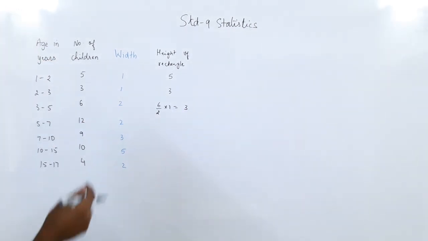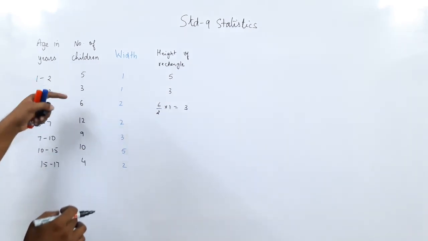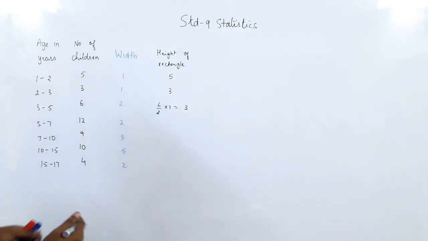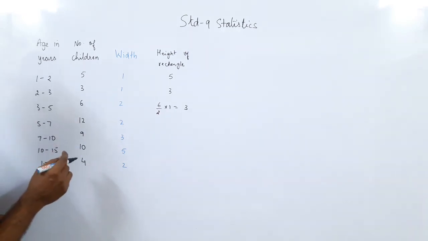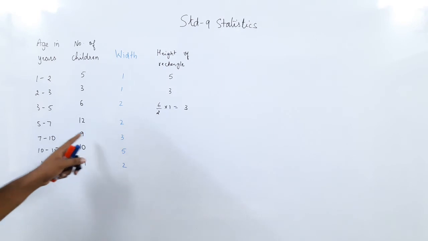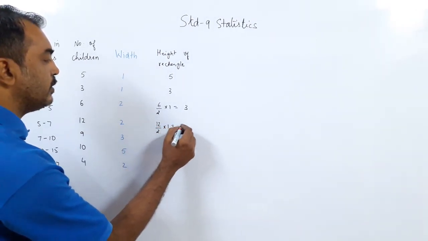So what does it show you? When the width is 2, you have got the height of 6, but that is not true. To keep the width of 1, we have to keep the height 3. Why do we need to do this? Because the area of the rectangle should remain the same. Now here also is the width of 2. So 12 upon 2 into 1 gives us 6.